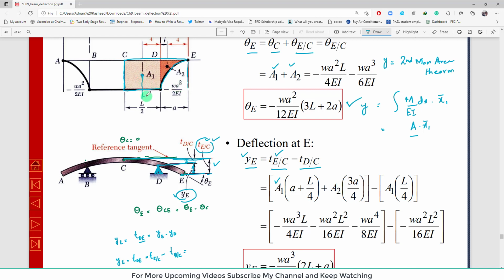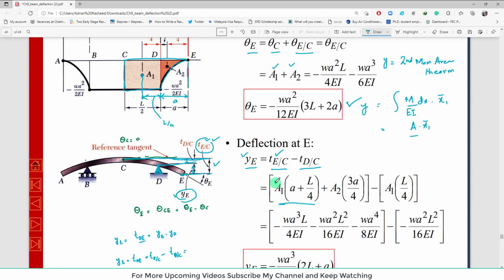So we have to calculate this distance. Now this distance is A, and this is L by 2, and from this point to this point, this distance is L by 4. So A plus L by 4.